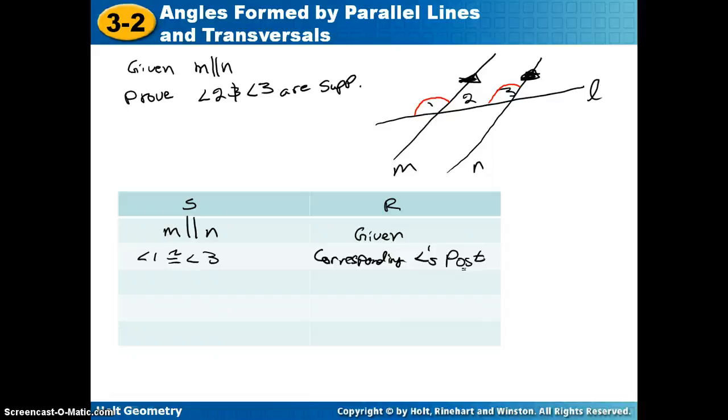Shoot. They're a linear pair. All right. So angle 1 and angle 2 form a linear pair. That's from the definition of linear pair.